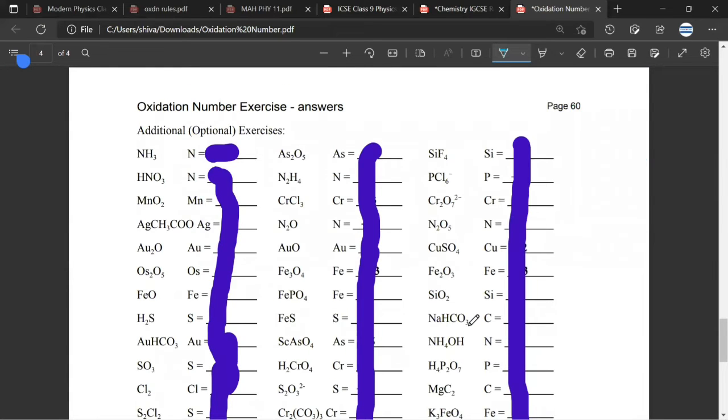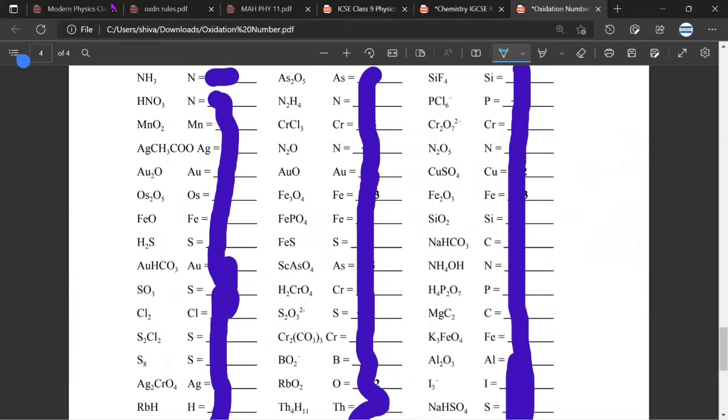Yes, sir. Okay. Now do me a small favor. We'll try to do a few sums, just for practice sake, using these rules. Try to solve these questions, the ones which I am marking. Have you understood the rule?